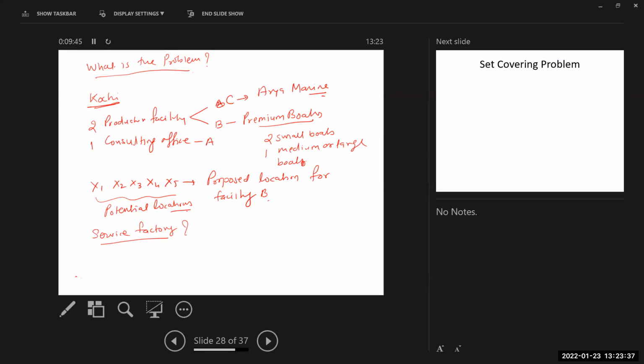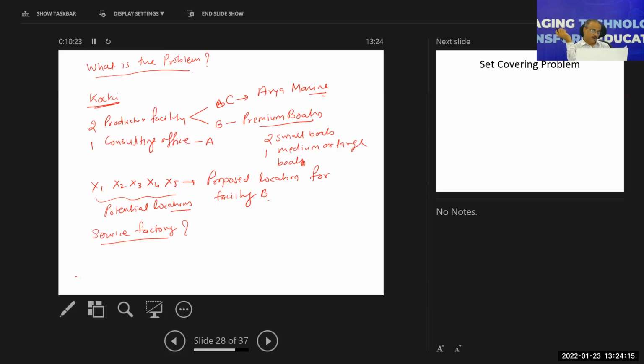I hope all of you have gone through the case, so you can understand these terms and concepts. A service factory is a kind of factory wherein you will have a display area, where you can have business transactions, and at the same time you will have the manufacturing operations as well. This is the meaning of a service factory here.